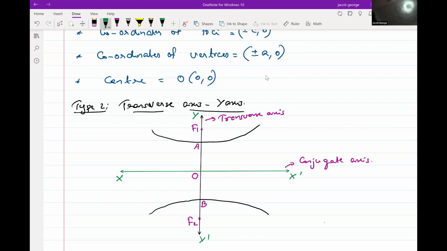Capital A is at a distance of A unit, so that the vertices will be 0, comma, plus or minus A. And F1 is at a distance of C unit from the origin, so this distance is C unit, so that the foci are 0, comma, plus or minus C. Yes, please complete this diagram.